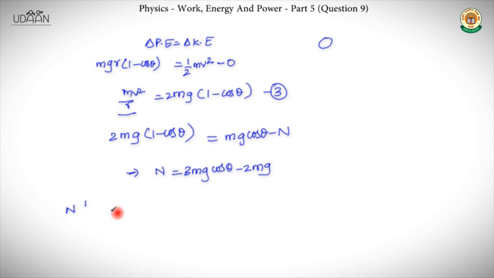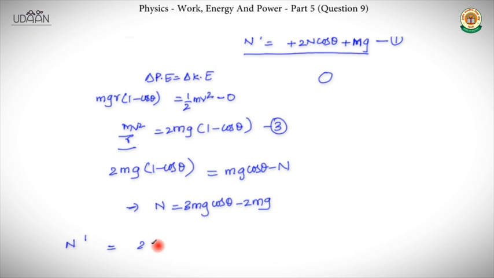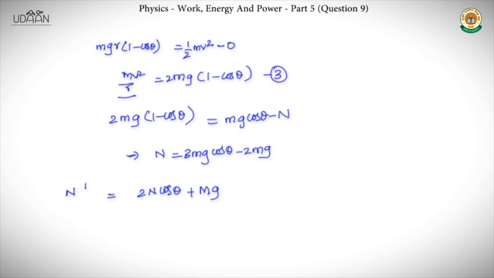Putting this in equation number 1, we will be getting N dash is equal to 2N cos theta plus capital Mg. Just by solving the equation we will be getting N dash is equal to capital Mg plus 2 into 3 mg cos theta minus 2 mg into cos theta.